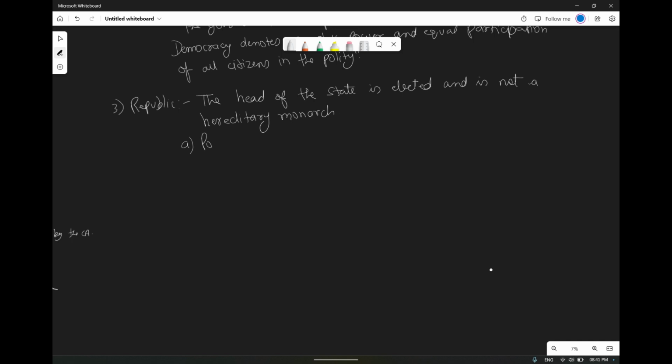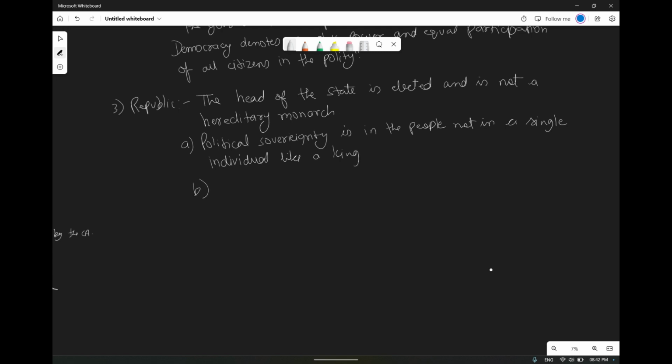Whenever we say political sovereignty is present, sovereignty is in the people, not in a single individual like a king.